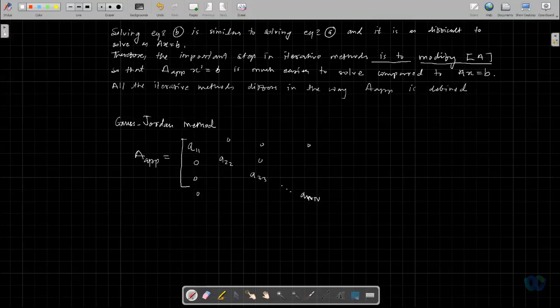You check this in your Gauss-Jordan method. Have you done like this? Okay, so you will see that you have done like this.